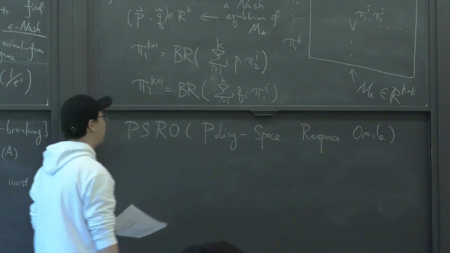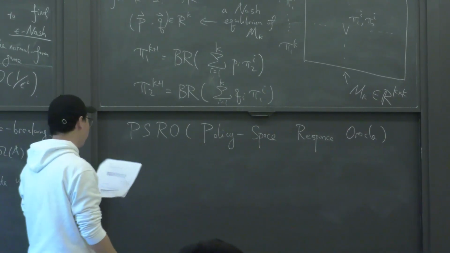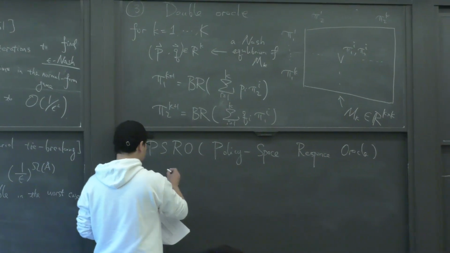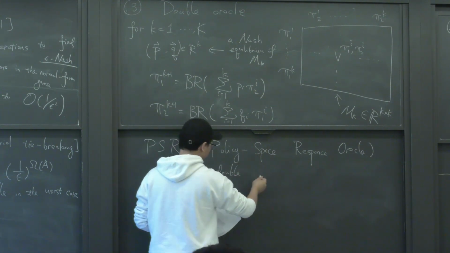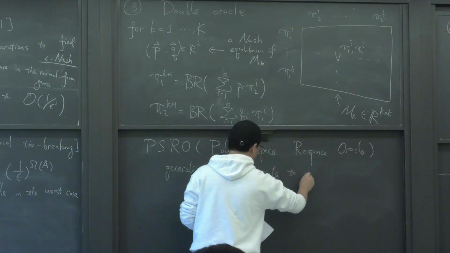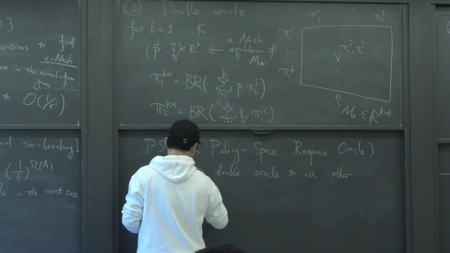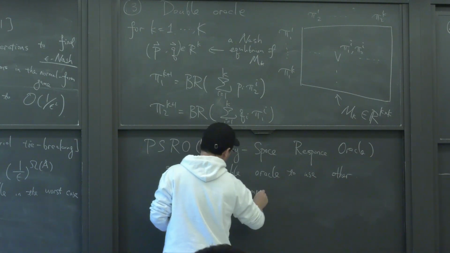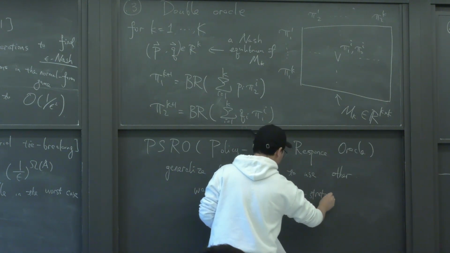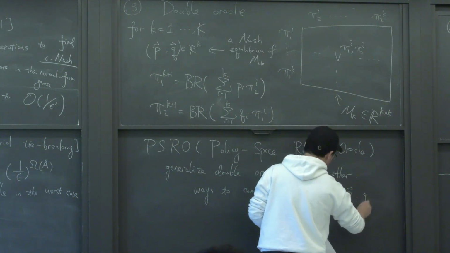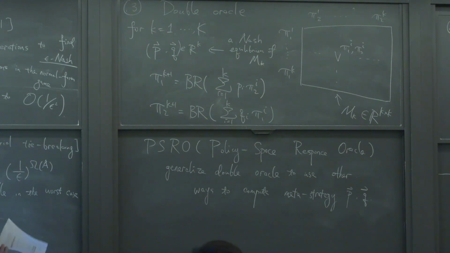The name sounds a bit counterintuitive, but if you look at the algorithm, it's basically a generalization of double oracle, using other ways to compute the meta strategy pq. We call pq a meta strategy because pq is a probability over the existing strategies so far.